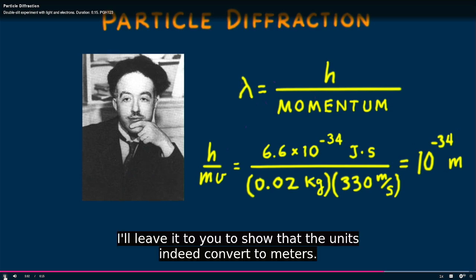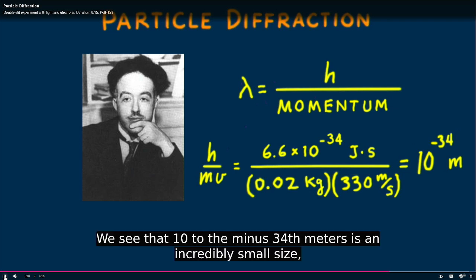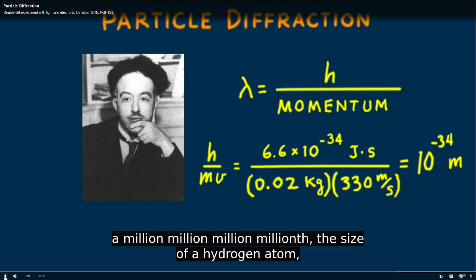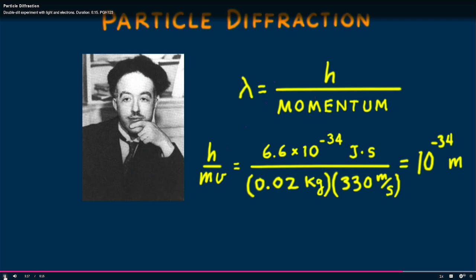I'll leave it to you to show that the units indeed convert to meters. We see that 10 to the minus 34th meters is an incredibly small size, a millionth the size of a hydrogen atom.